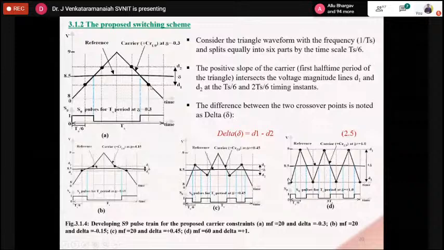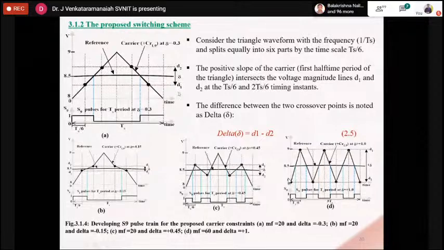At this point I am taking a difference delta, which is D1 minus D2. For this waveform, delta is negative because D2 is the higher magnitude. So for a pure triangular waveform, the difference will be minus delta.